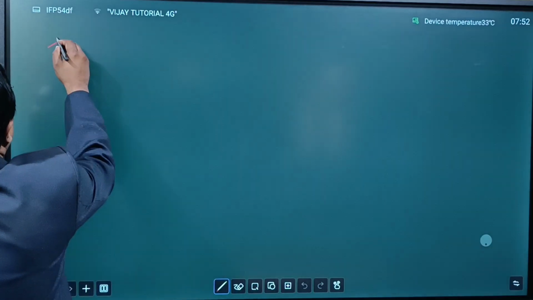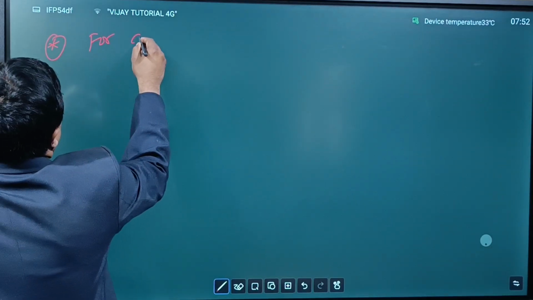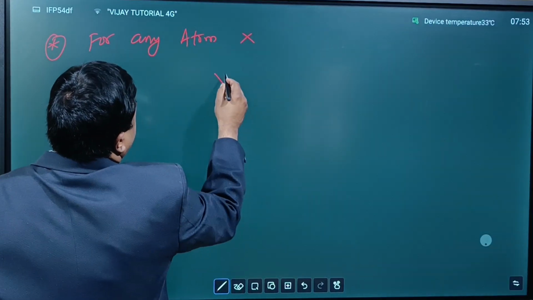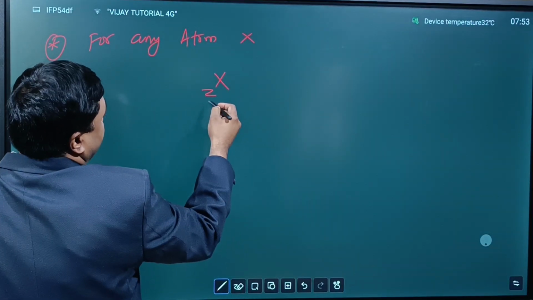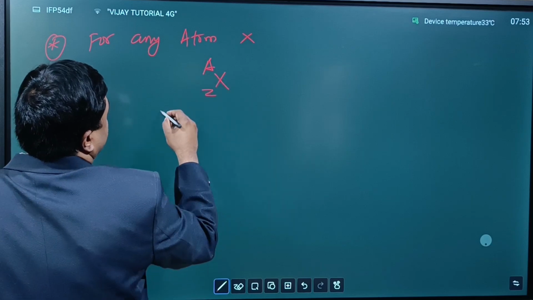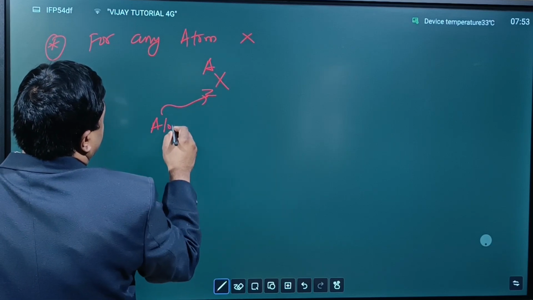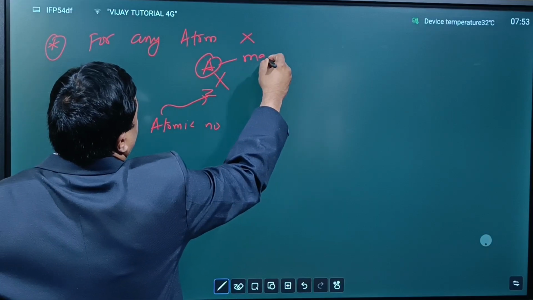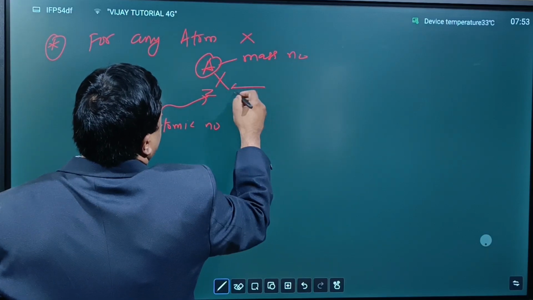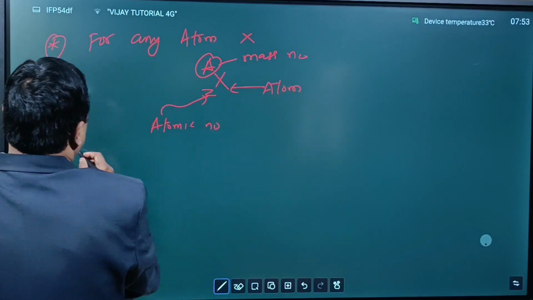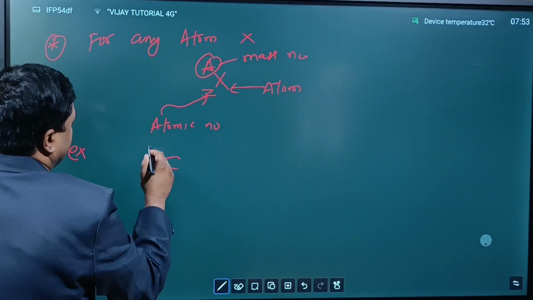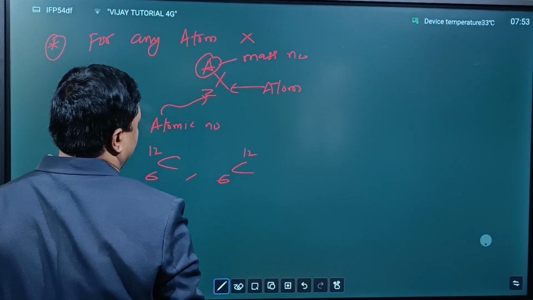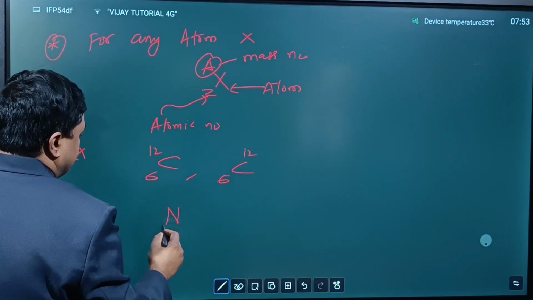See, for any atom X, we generally represent the atomic number on the bottom left and the mass number on the top left. Z is the atomic number, A is the mass number, and X is the atom. For example, you see carbon 6 and 12; in some books it is also represented like this. Nitrogen 7 and 14.